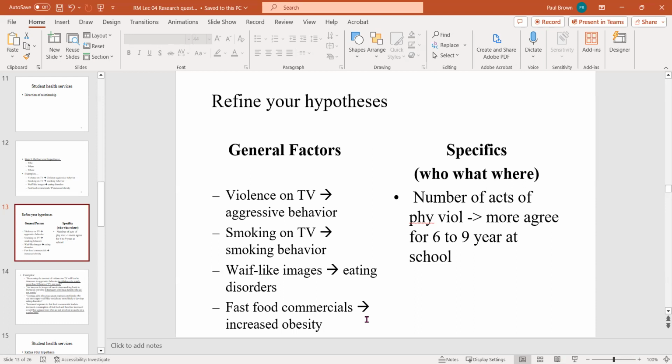So what if someone doesn't know about the student health center? Would they be likely to use it? No. So knowledge is definitely a factor. If you found people who are not knowledgeable and said they're not going to use it, that probably wouldn't surprise you.